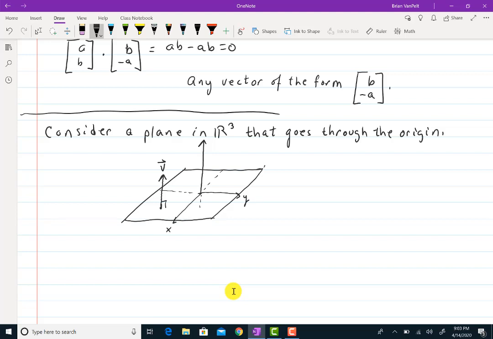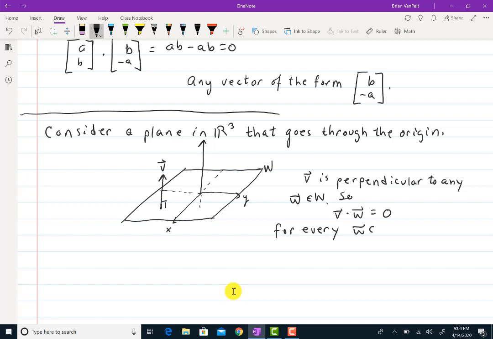Then let W be the plane. Then you can see that v is perpendicular to any vector that is in W. So v is perpendicular to any vector w in W. So what I can say is v dot w equals 0 for every w in W. So we say that v is in W, but we put this little perpendicular sign up there.